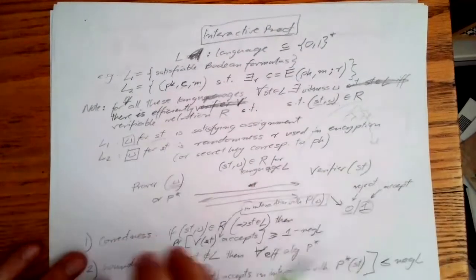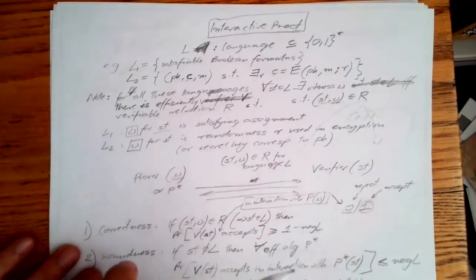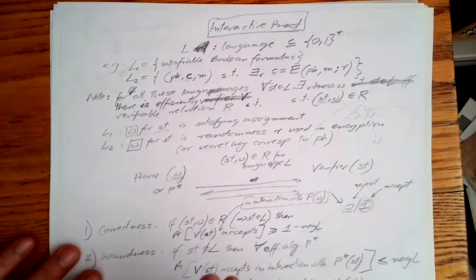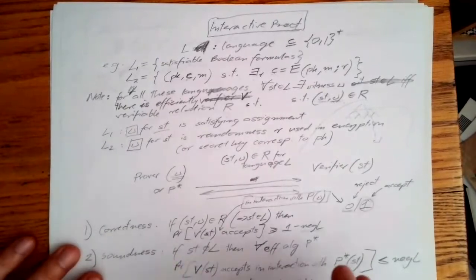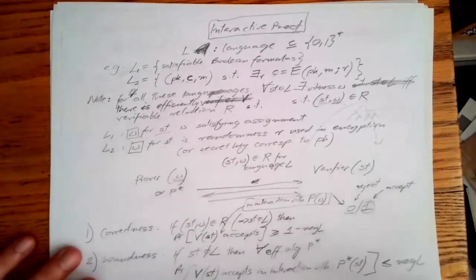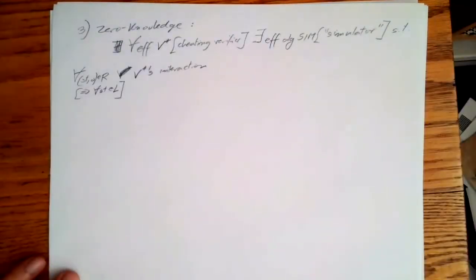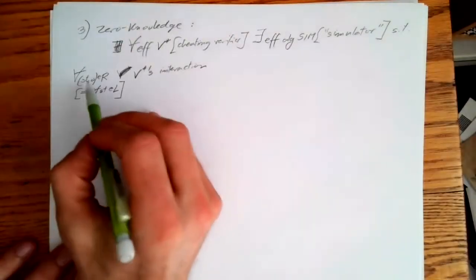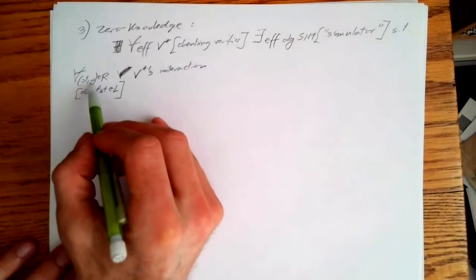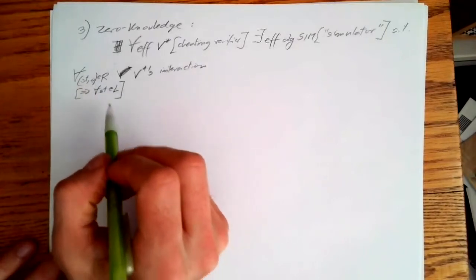And you know, these notions would make most sense when specialized to the case of NP languages. So if a statement is in an NP language, then it has a witness.